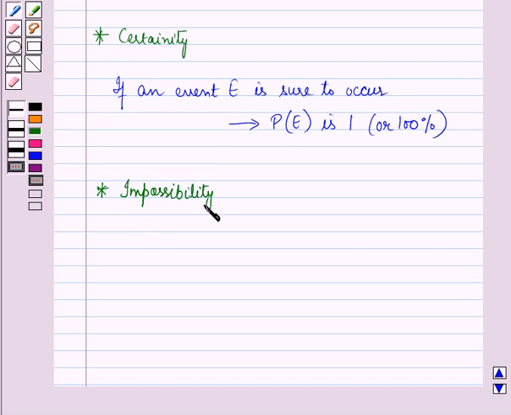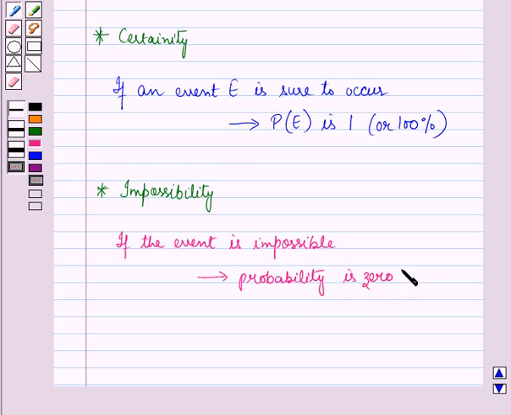Now let us discuss the impossibility of an event. Now, if the event cannot take place, that is, if the event is impossible, then its probability will be 0 or 0%.